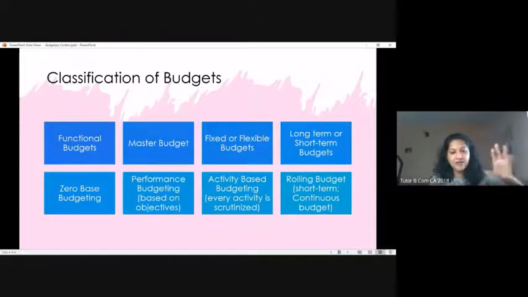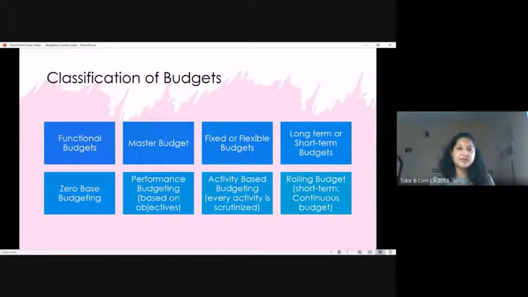Every year, every quarter, I will evaluate my sales turnover and set the target accordingly. Or maybe I'll take more measures like sales promotional measures to increase my sales, or I will try to set my price in such a way that I can increase my volume in this planned period. So my performance is the core thing which will be directing my budget scheme.